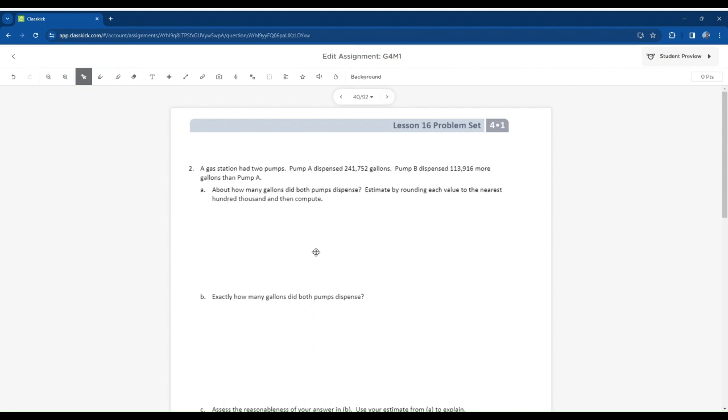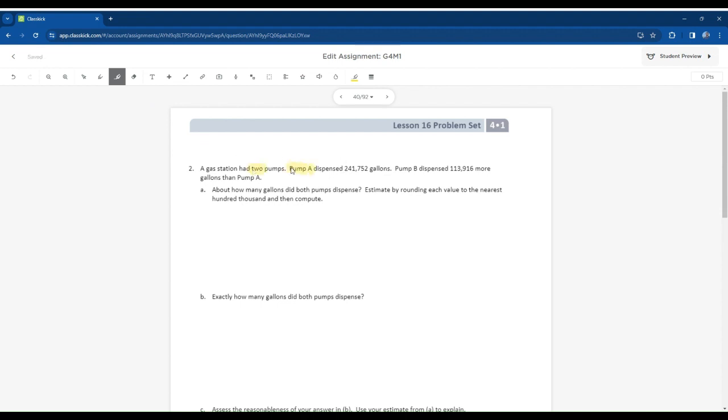Number 2 says a gas station had 2 pumps. Pump A dispensed 241,752 gallons. Pump B dispensed 113,916 more gallons than Pump A. So let's go back and read that a second time. So there's 2 pumps.